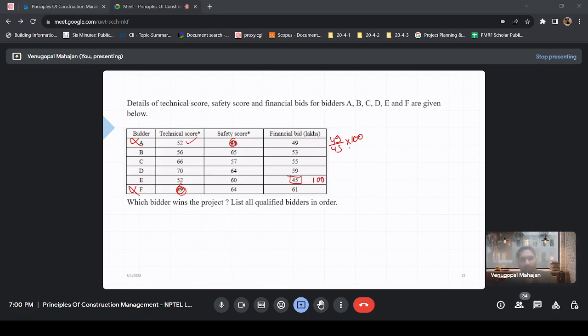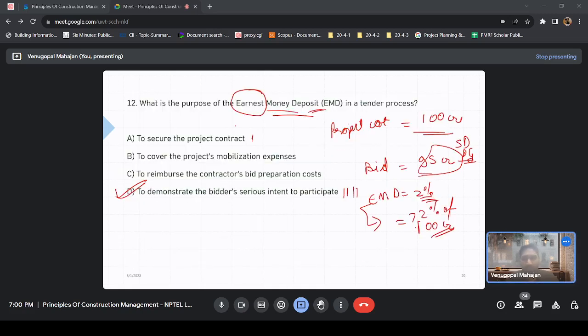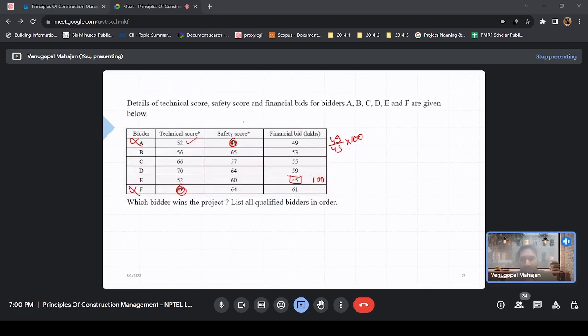Anybody who has a calculator in hand? Okay, 45 by 49 is 91.83.